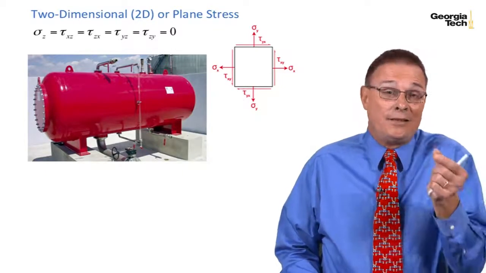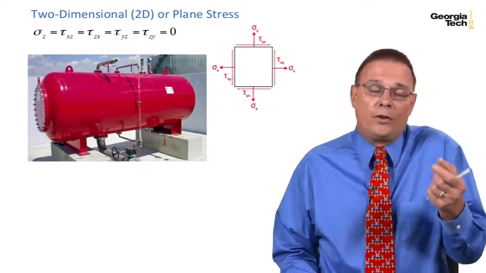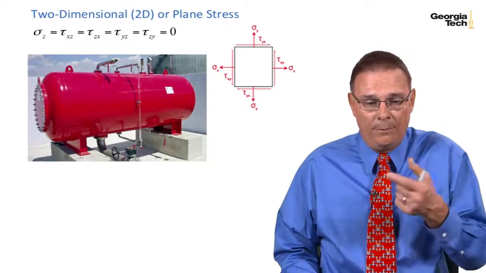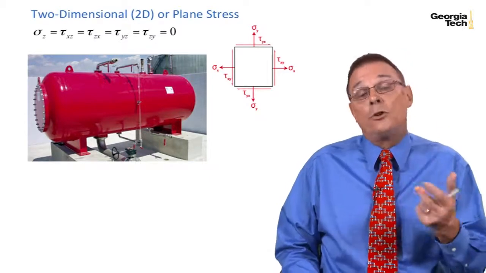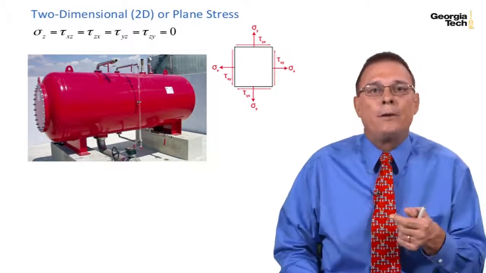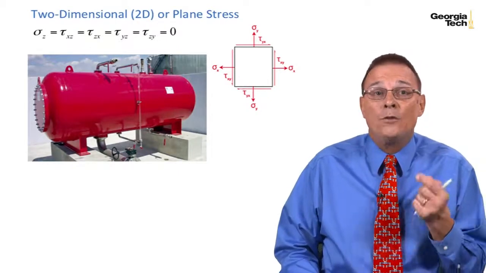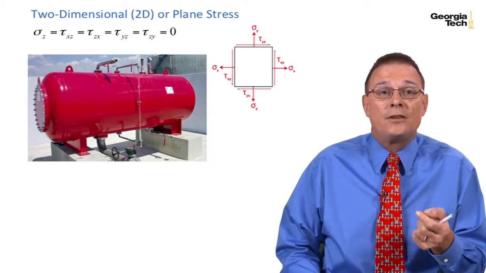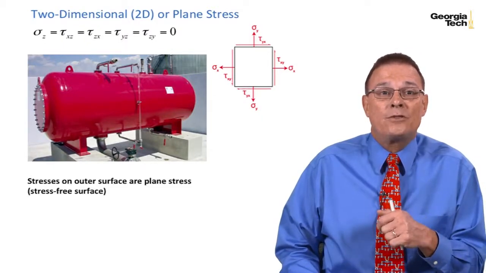And it's a thin engineering structure, similar to what we would see in the skin panels of aircraft, maybe a little thicker, but again, no stresses in the z direction gives us a plane stress condition.